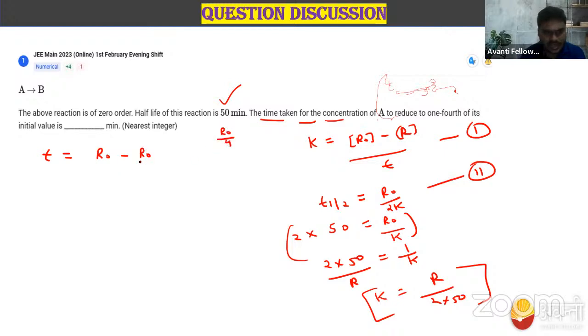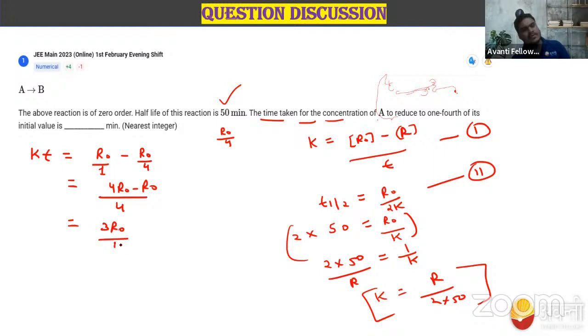And this is T, and this will be divided by K, we can say this is KT, right? So if you subtract R naught by 4, we'll get 4 R naught minus R naught. So this will equal 3 R naught by 4, or we can say T is equal to 3 by 4 times R naught by K.